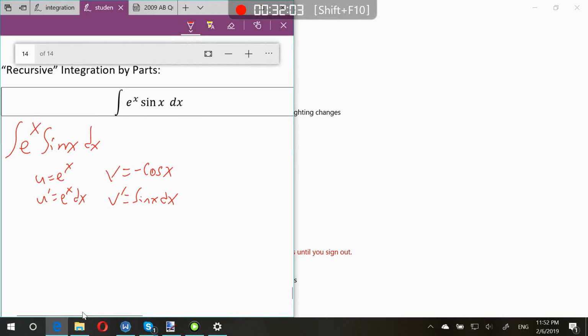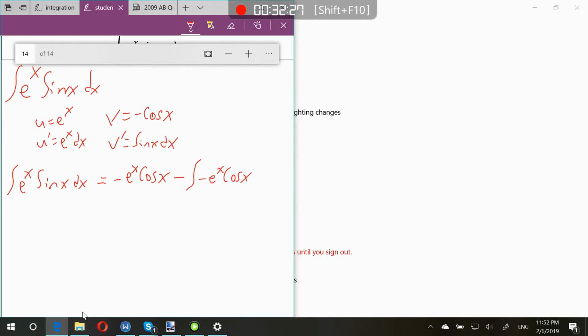So the integral of e to the x sine x dx is equal to uv, negative e to the x cosine x, minus the integral of u prime v, negative e to the x cosine x.